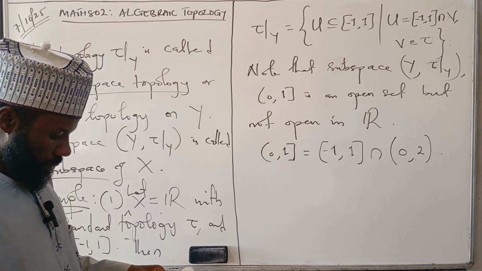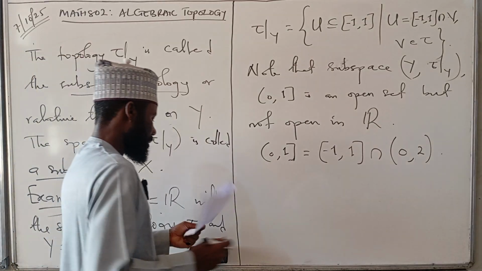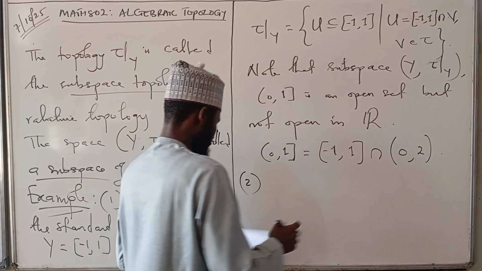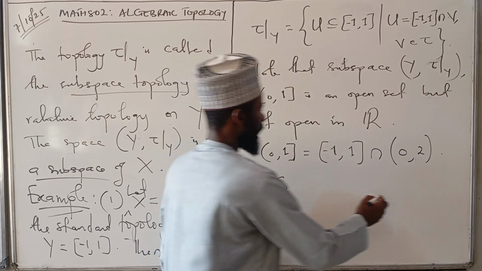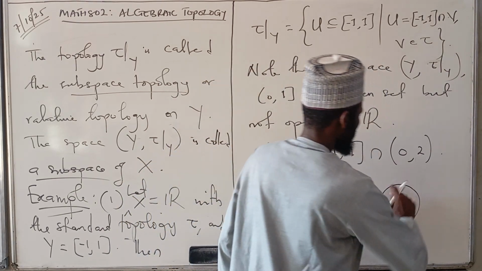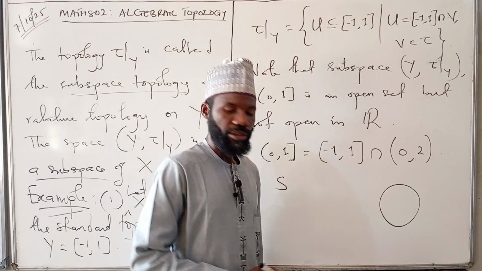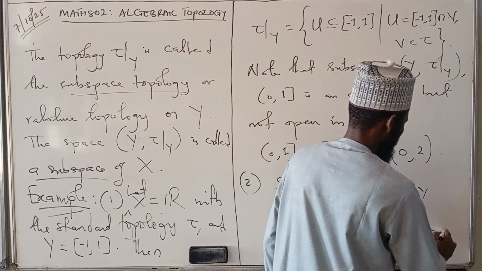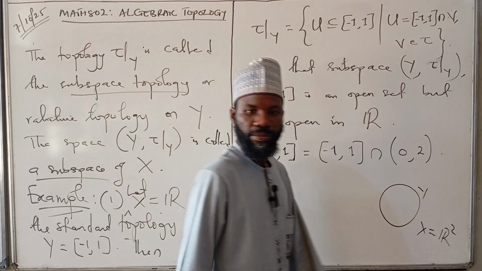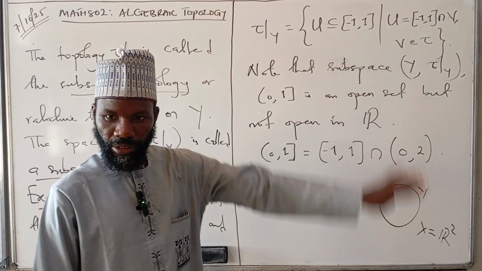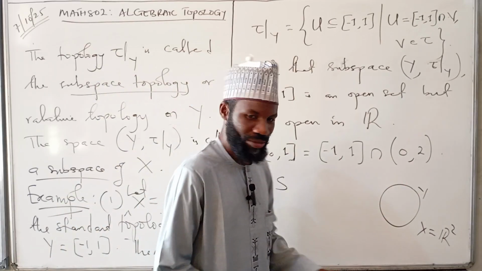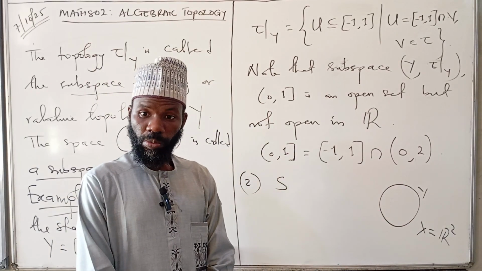All right. And likewise, you can see so many other examples like this, a circle. I can imagine having a circle and concentrate only on the circle as my Y, meanwhile the entire space R2 is my X. So the entire plane is the space, but I can only see the points on the circle to form my subspace.